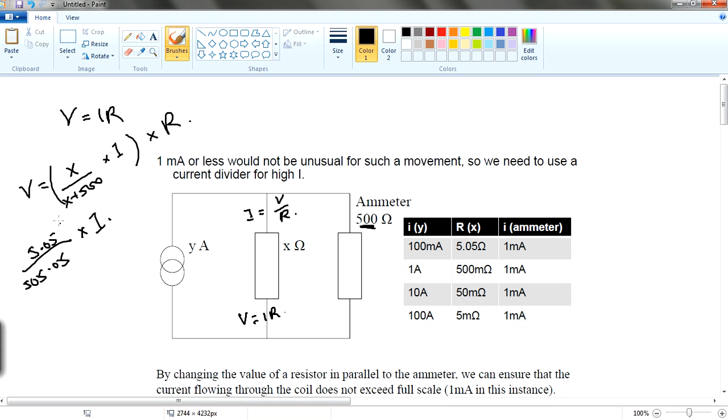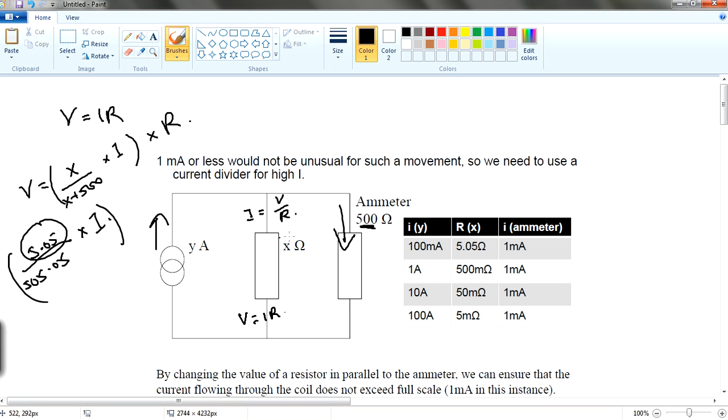If you multiply this with the current, you will get the amount of current flowing through this ammeter over here. This is how the formula works. You take the X resistance divided by the overall, multiplied by the initial current, and you'll get the current over here.